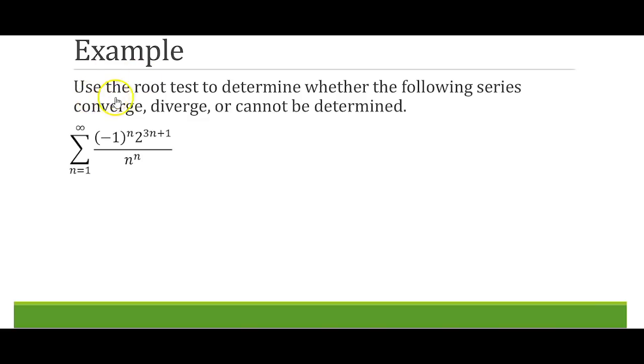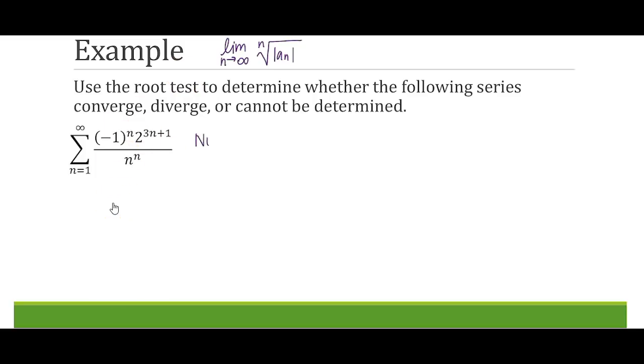In this example, we want to use the root test to determine whether the following series converge, diverge, or cannot be determined. So I'm going to start by reminding us what limit we have to evaluate for the root test: the limit as n approaches infinity of the nth root of the absolute value of a sub n. So here's our general term.